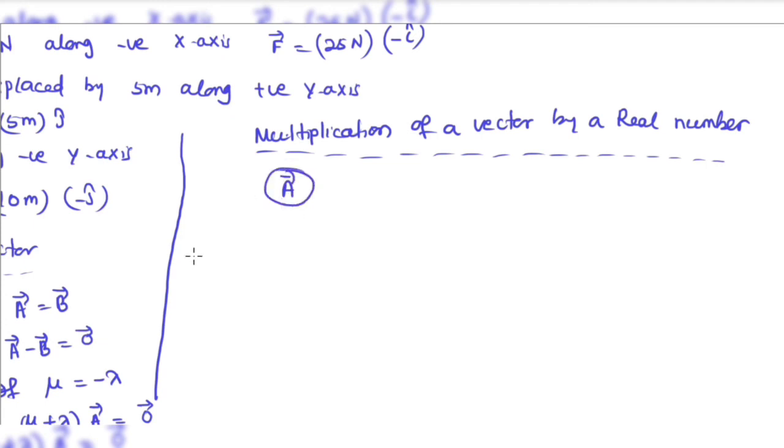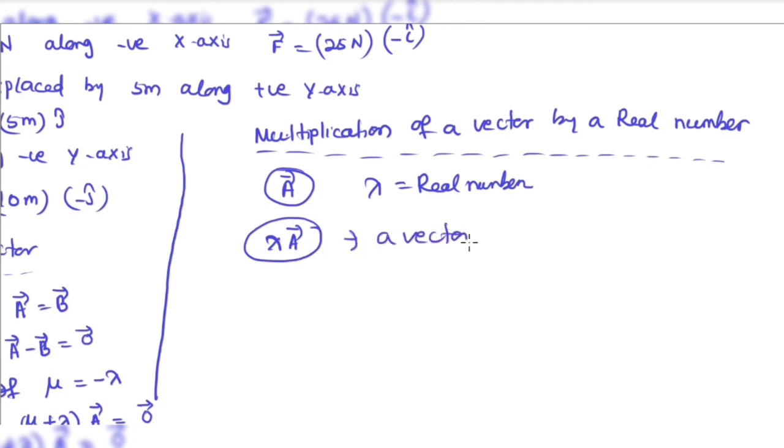Now if I multiply this vector with a real number lambda, suppose lambda is a real number, and if I multiply vector a with lambda, then I will get lambda into a vector. So this lambda into a vector is also a vector.